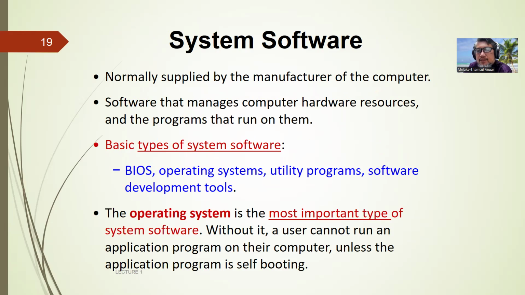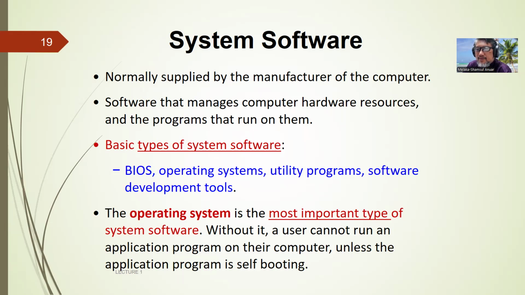System software is normally supplied by the manufacturer of the computer, so it comes together when you buy your computer or tablet. It's pre-installed, and this software is needed for the correct running of the machine.